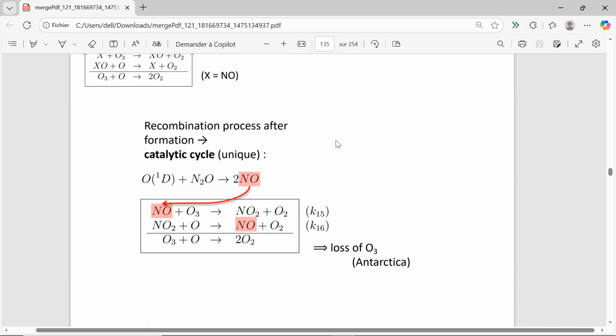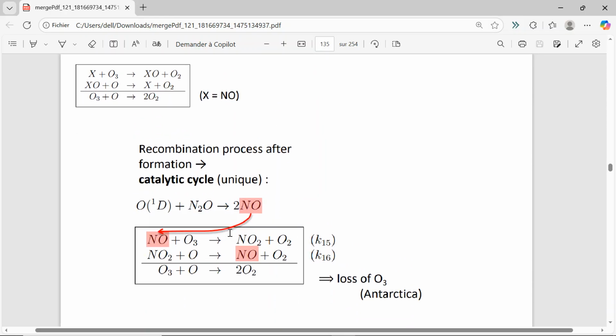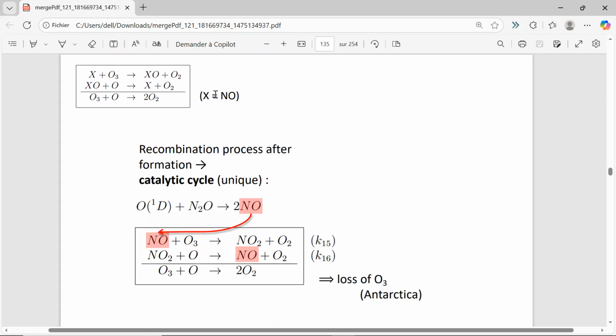So for that, you can introduce, for example, the NO recombination process after formation that will lead to a catalytic cycle. N2O is a natural element that you can find in the atmosphere that will rise and react with the atomic oxygen, leading to NO formation. NO will participate in a catalytic cycle, which means that it will destroy the ozone while not being destroyed itself.